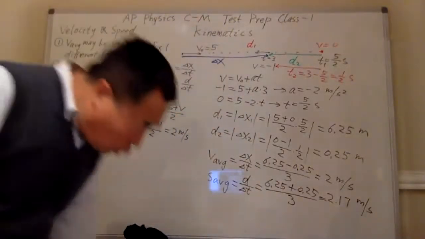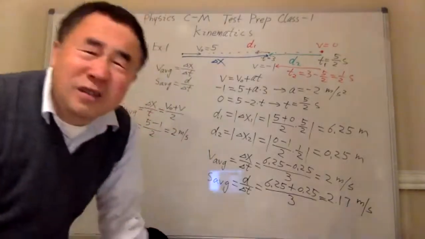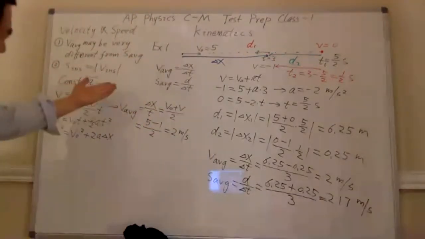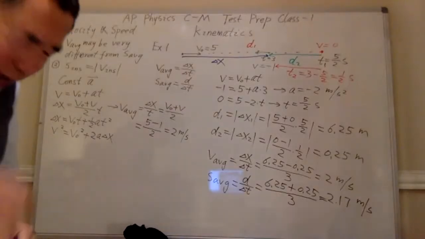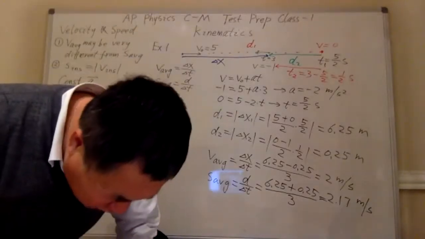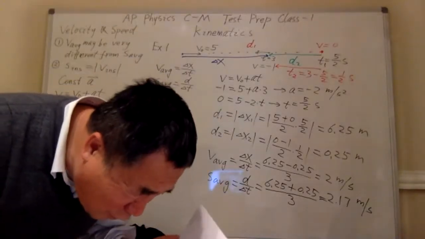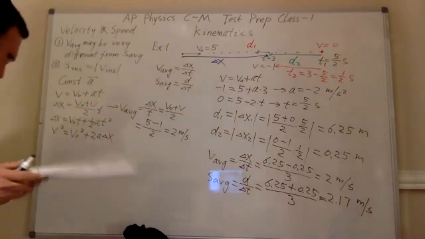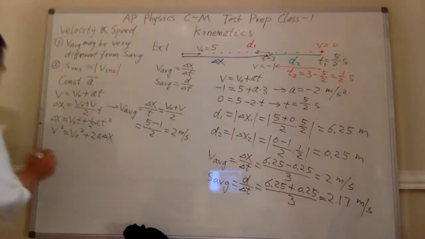AP Physics C, we don't do that. In AP Physics C, we remove the constant acceleration condition. Then AP Physics C will do what? In AP Physics C, we use the calculus or integral way. So AP Physics C is special.